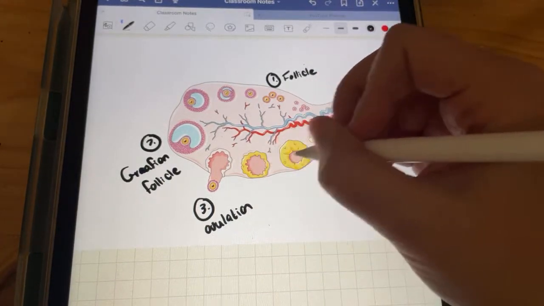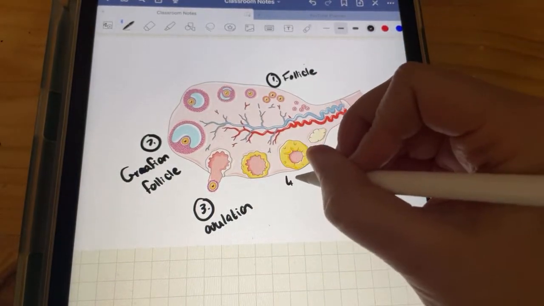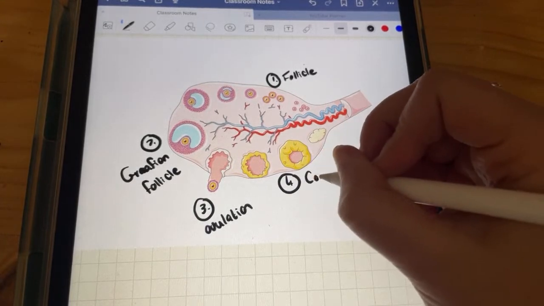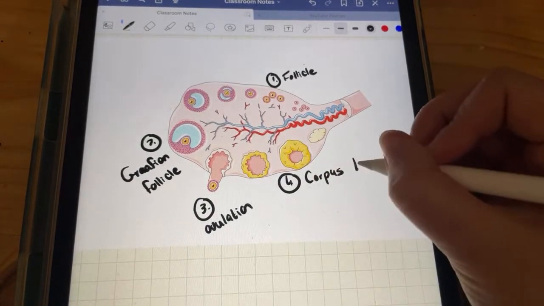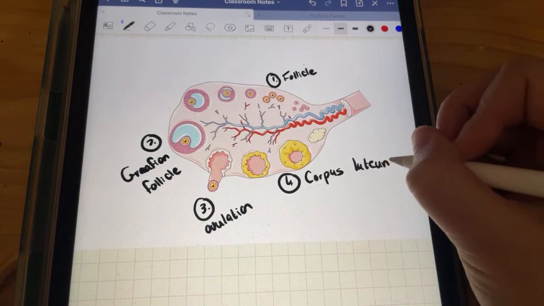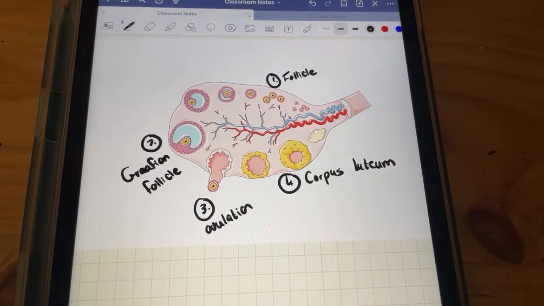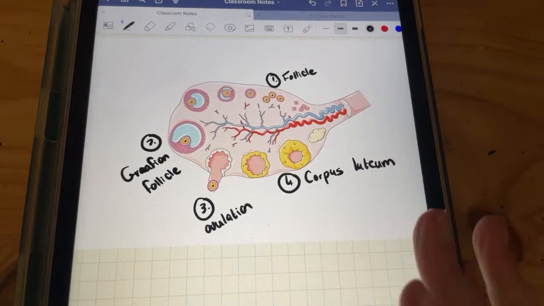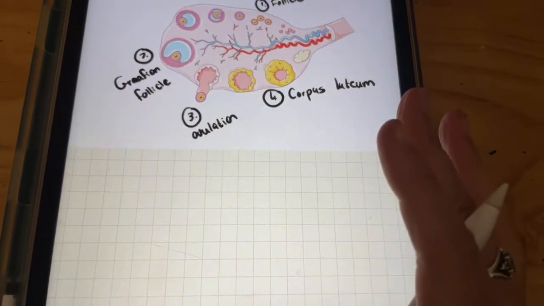And here, between these two structures, number 4, I'm just going to put them in the middle here, is the corpus luteum. Okay. All right. So let me just move this up a bit.